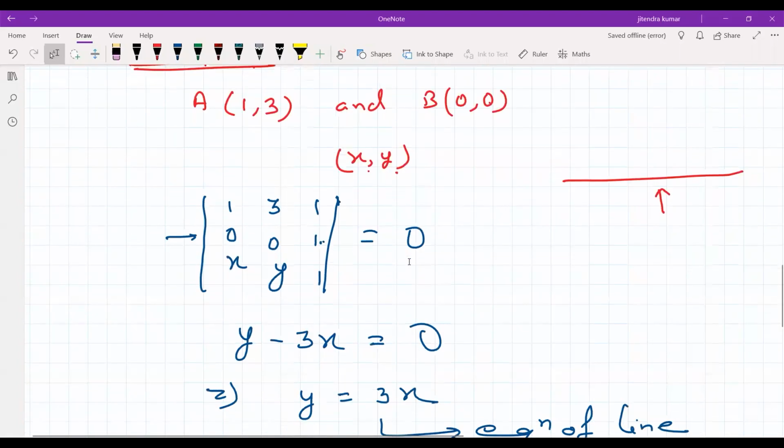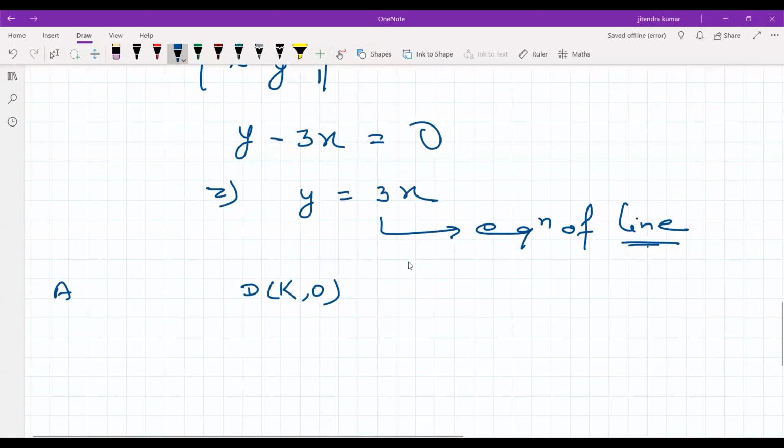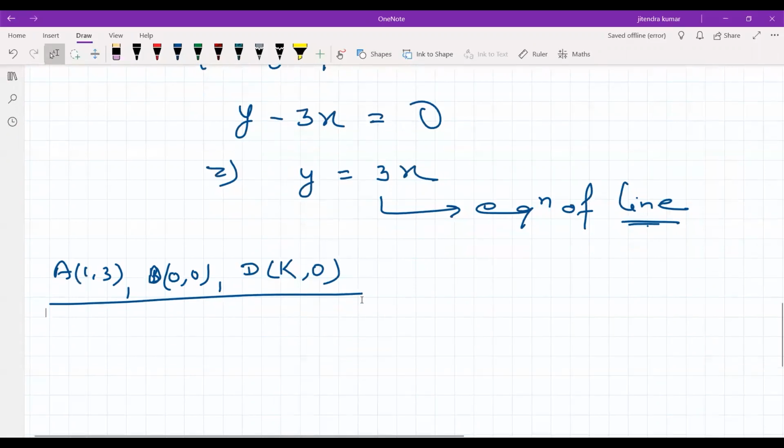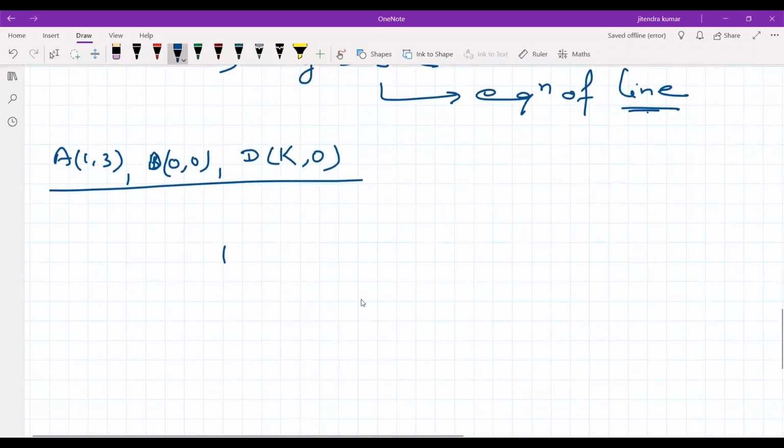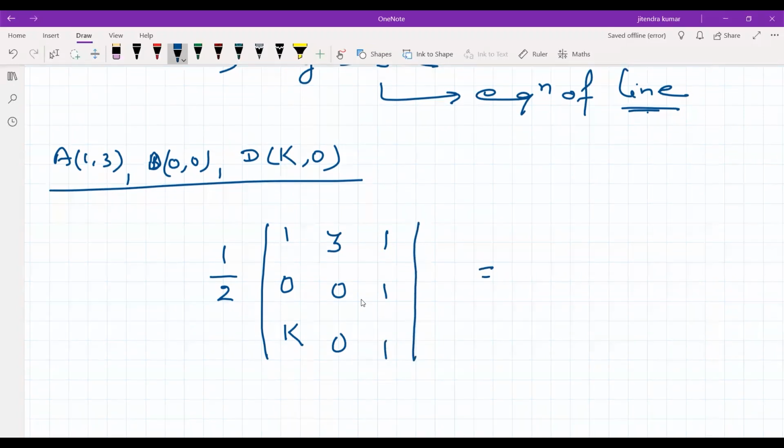So we have to consider 3 points here: A, which is (1, 3), B, which is (0, 0), and D, which is (k, 0), and the area of this triangle is 3 square units. So just apply the formula, that is half of the determinant 1, 0, k, 3, 0, 0, 1, 1, 1. So this should be equal to 3 square units.